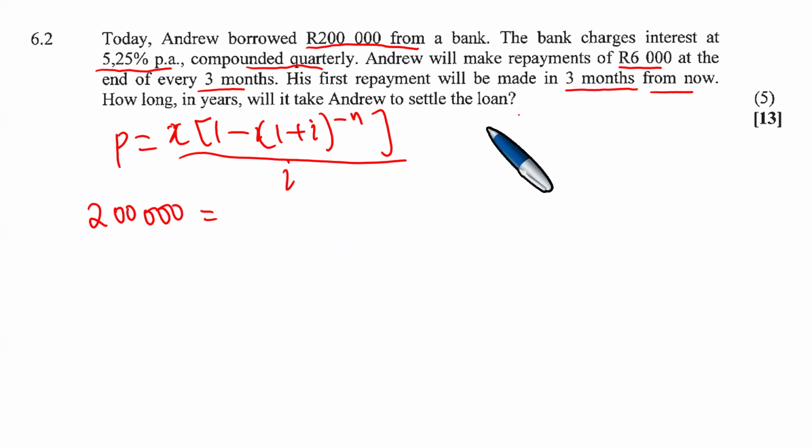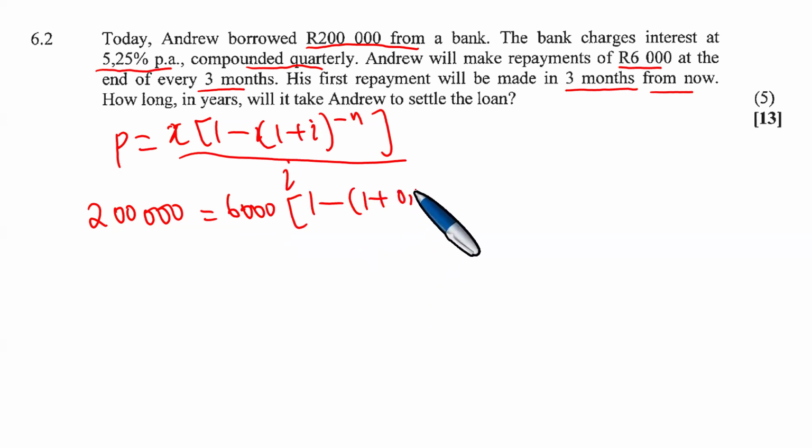And what is X? How much are the repayments? Repayments of 6,000. So you put 6,000 for the repayments. Then you have 1 minus 1 plus the percentage of 5.25%, divided by 100, which is 0.0525.